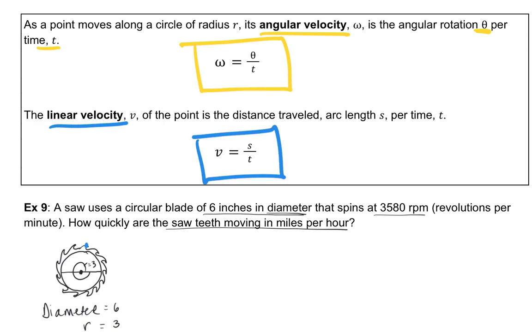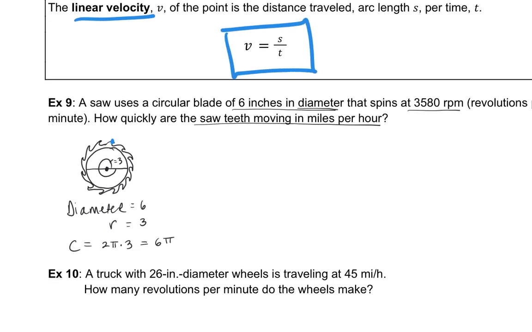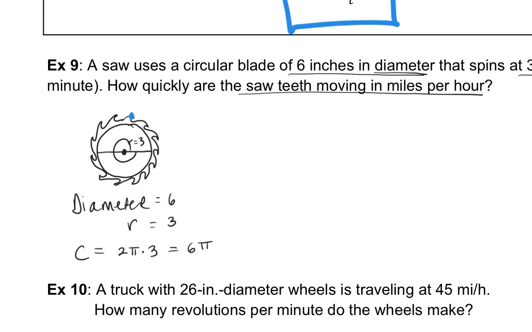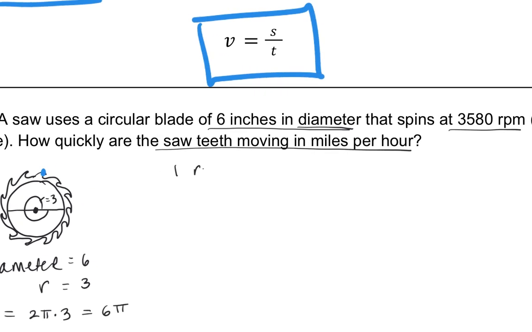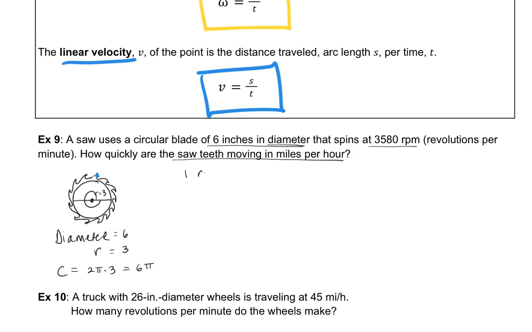So the big idea that's really going to help us with these problems is that one rotation, or one revolution, gets us the same as one circumference. That's going to be helpful on all of these problems.